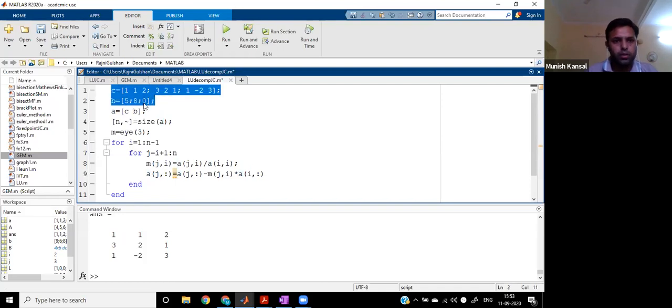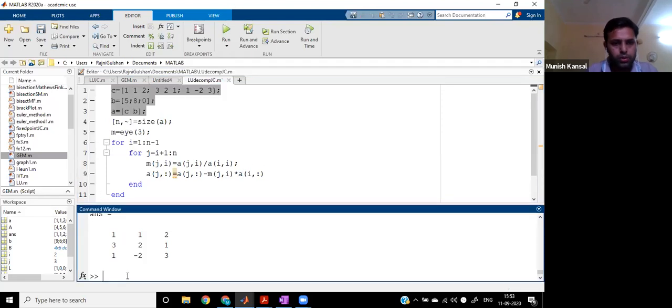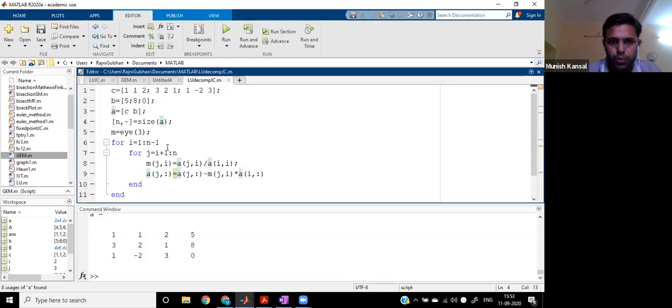So let me show you the output in the command window also. If this is the matrix, B is the right hand side, so let me put the output. So this is the augmented matrix, right? So I have just renamed the variables, otherwise I would have to make changes in the whole program, okay? So you can just rename it. This is C, this is B, this is A, right?